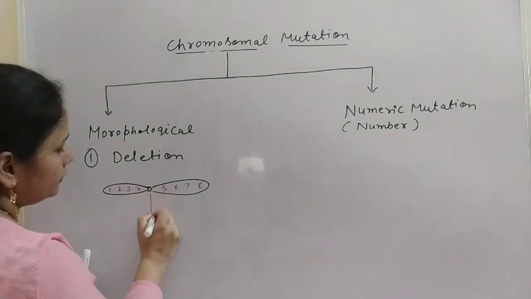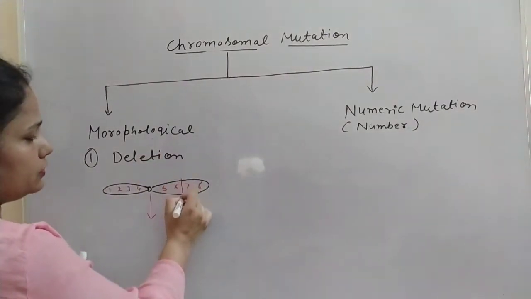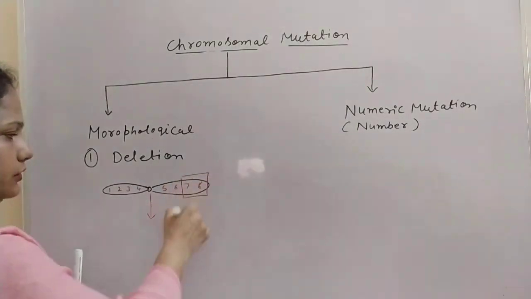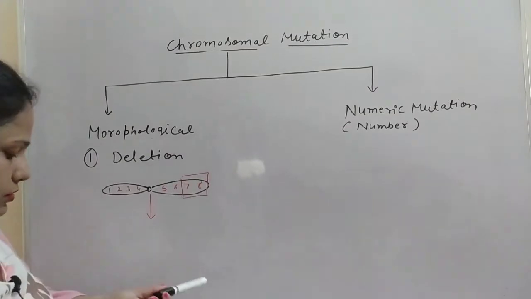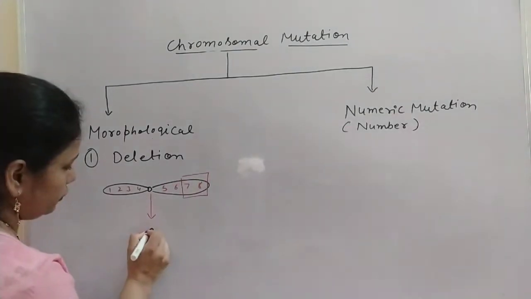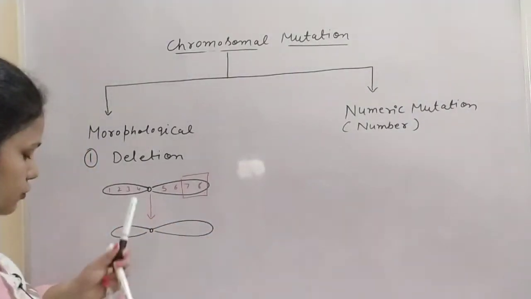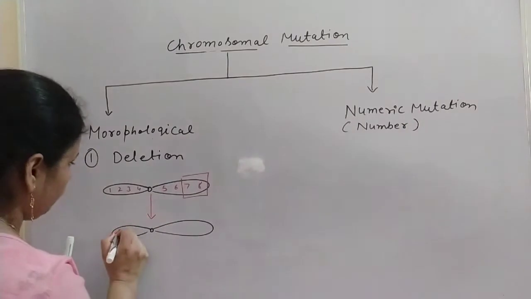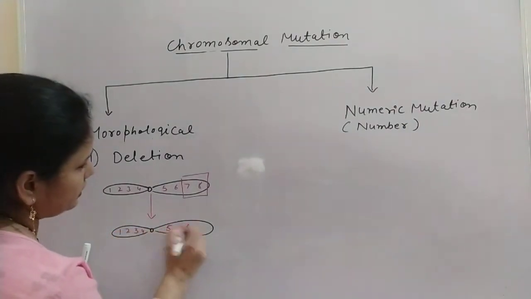So this sequence is present. If deletion takes place, means if the removal takes place, suppose the removal of this 7 8 sequence is done, then what happened? Now the chromosome is here, and what are the sequence in the chromosome now? 1 2 3 4 5 and 6.